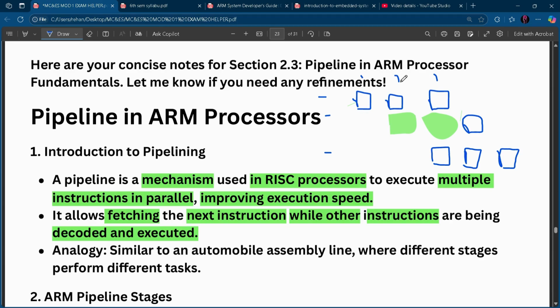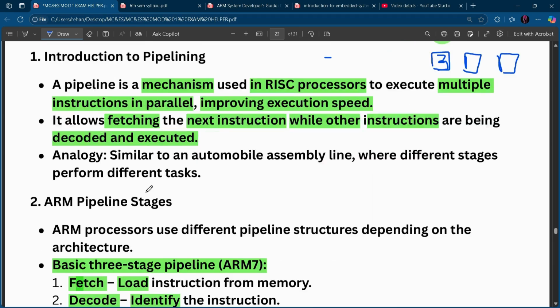In the second cycle, the first instruction is being decoded while at the same time the second instruction is being fetched. Then in the third cycle, the first instruction is being executed, the second instruction is being decoded, and the third instruction is being fetched.